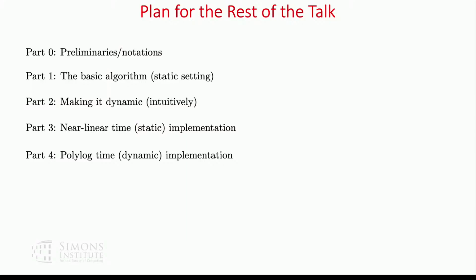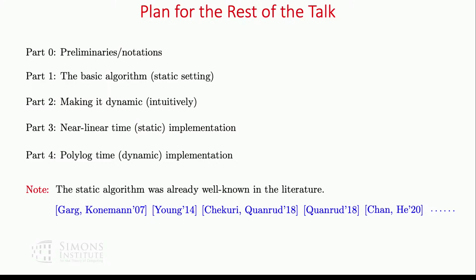Now, one other thing I'd say is the basic static algorithm was already well known in the literature. There are many people in the audience who have worked very extensively on multiplicative weight updates in the past. And our basic static algorithm is essentially the Gauss-Kohnemann algorithm, the dual of that. However, I'm going to give a fully self-contained presentation because I think the presentation still contains some nice insights.